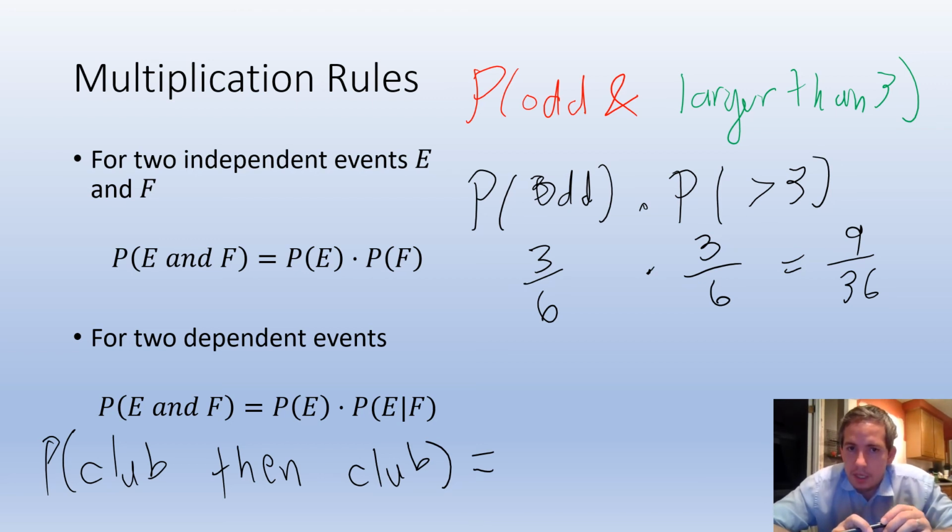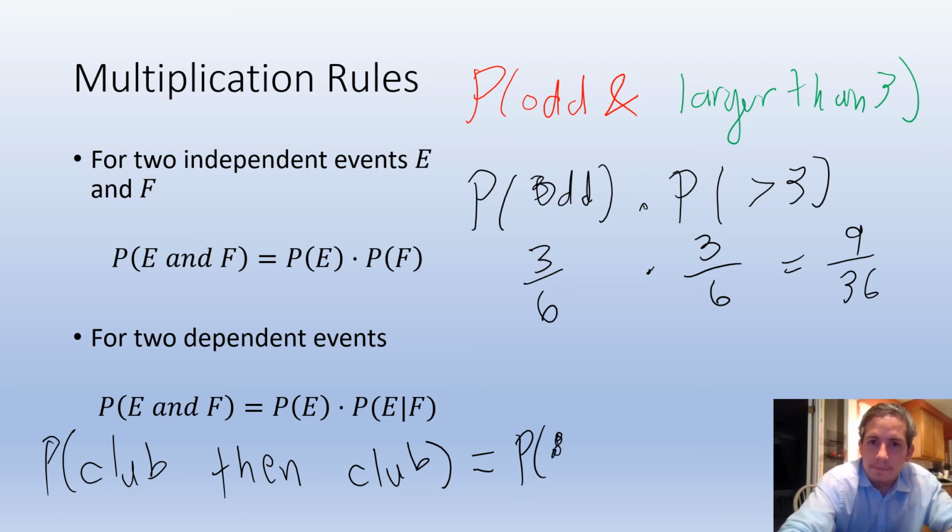According to this rule, the multiplication rule says that is the probability that I get a club multiplied by, and this is a conditional probability, the probability of E given that F occurs.